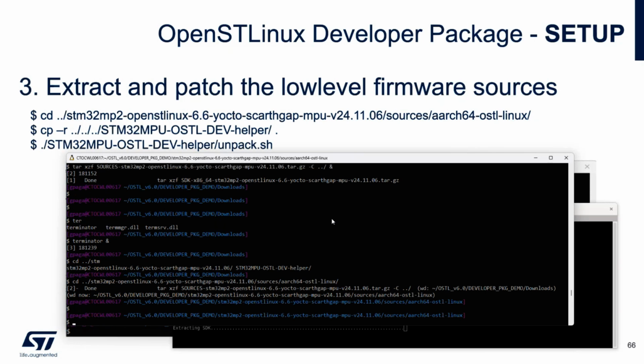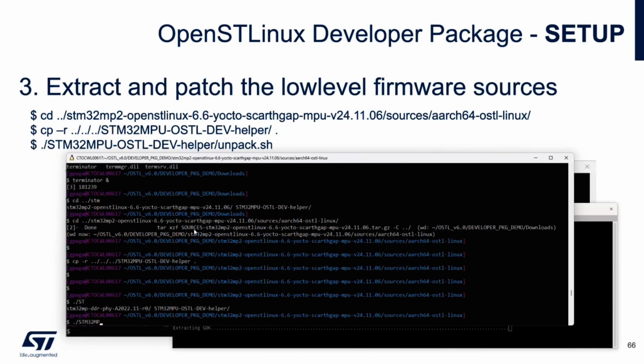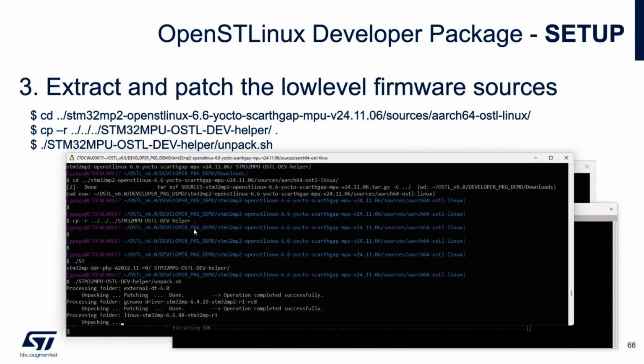I want to copy here the OpenSTLinux Developer Helper. Here, okay, and I can run the first script, the unpack script. As you can see, the unpack script enters inside every folder and unpacks and fetches the source code. In the end, it will complete the operation.